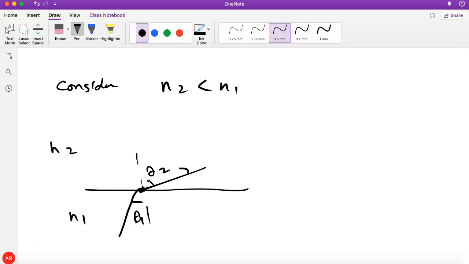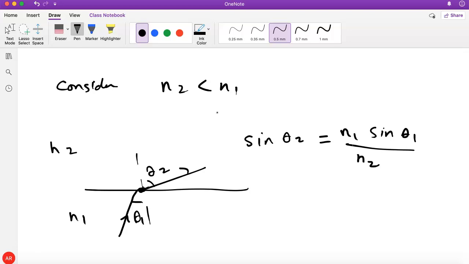So now we're saying sine theta 2 is n1 sine theta 1 divided by n2, right? So now let's say that's the incident, and then we want to solve for theta 2.